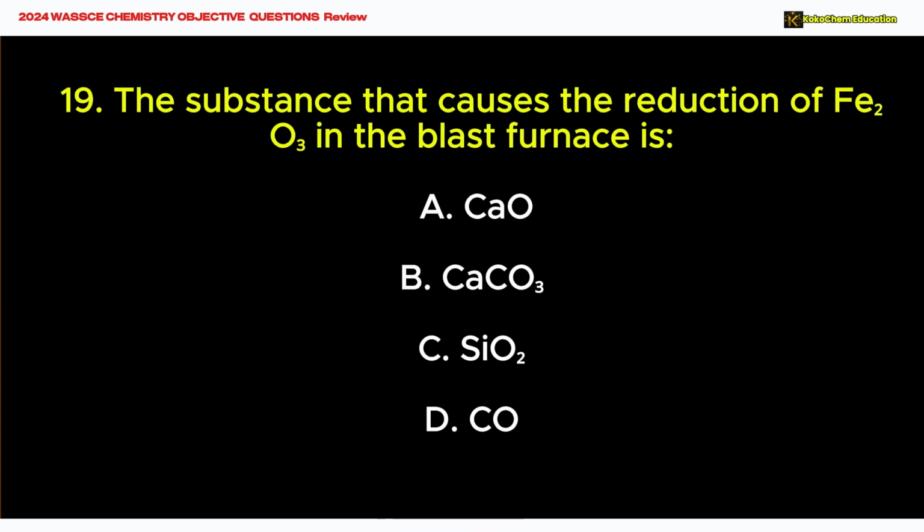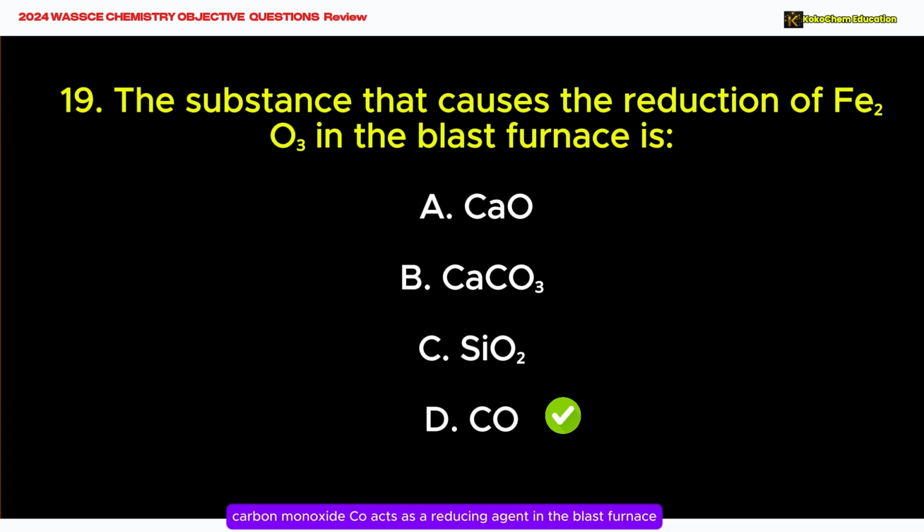Question 19. The substance that causes the reduction of Fe2O3 in the blast furnace is A. CaO, B. CaCO3, C. SiO2, D. CO. The correct answer is D. Explanation.